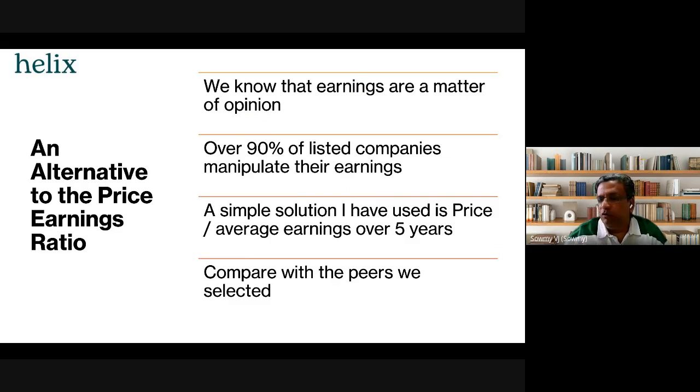But we all know from our previous sessions that earnings are basically a matter of opinion, right? Helix did a lot of research over the last 10-year period between 2015 and 2025. Our back test and research tells us that nearly 90% of listed companies manipulate their earnings.